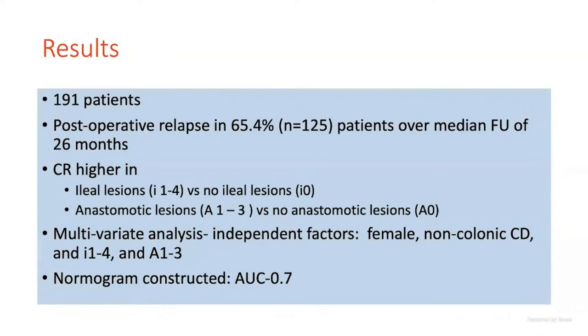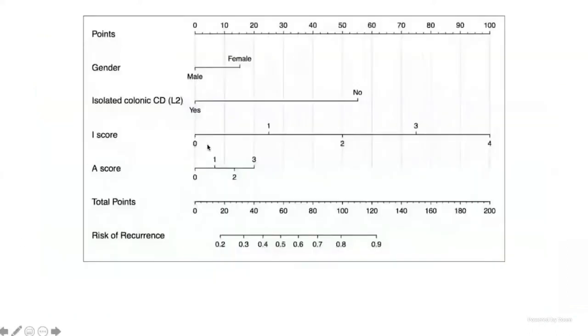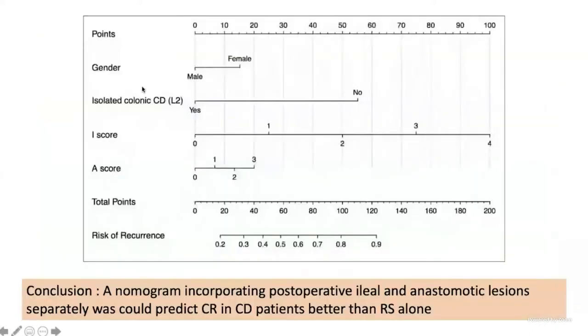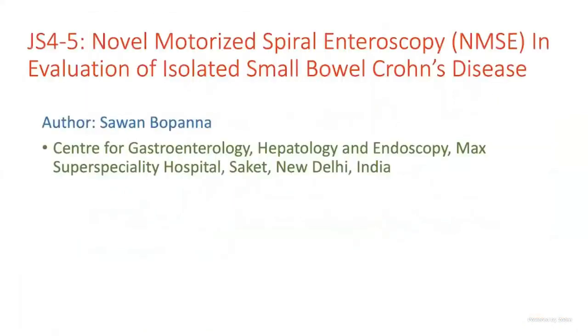On multivariate analysis, the independent factors of recurrence were female gender, non-colonic Crohn's disease, and ileal as well as anastomotic site lesions, and the accuracy of this nomogram was 0.7. So these were the features of the nomogram, and the authors concluded that the nomogram incorporating post-operative ileal and anastomotic lesions separately could predict clinical relapse in CD patients better than the Rutgeerts score alone.